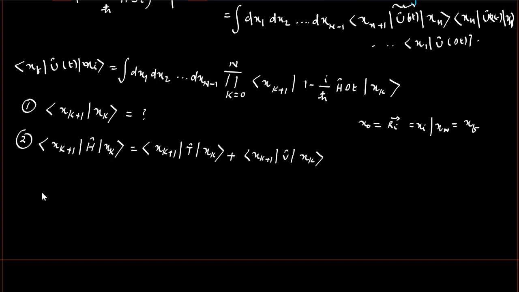Okay, so now suppose we have a state vector psi and we have another position vector x, then when I operate this position vector x on this state vector, I always get the wave function for this position.